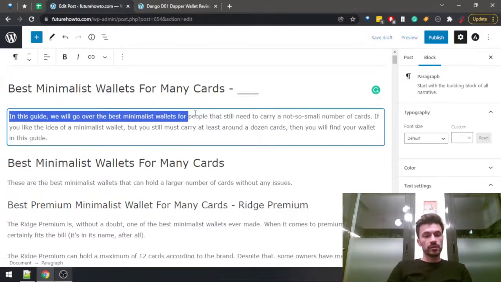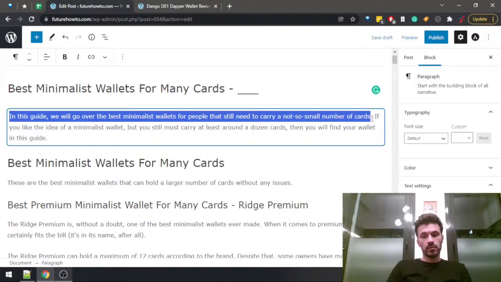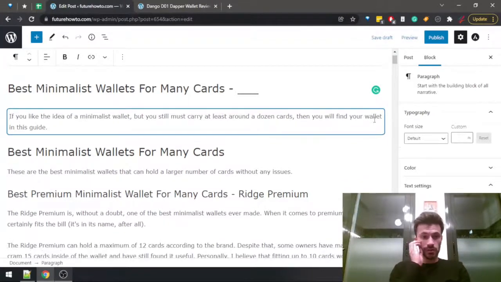Maybe we can even, yeah, much better. Okay, if you like the idea of a minimalist wallet, but you still must carry at least around a dozen cards, then you will probably find your perfect minimalist pick in this guide.